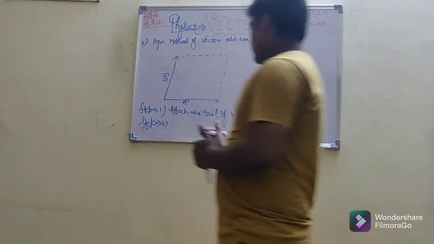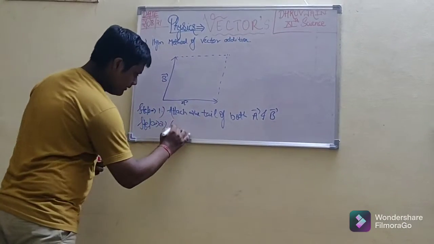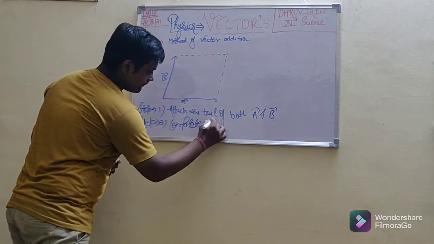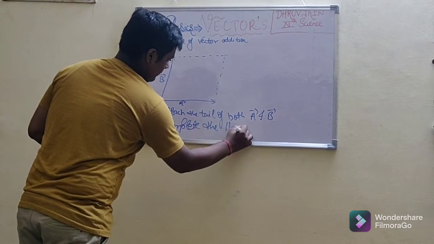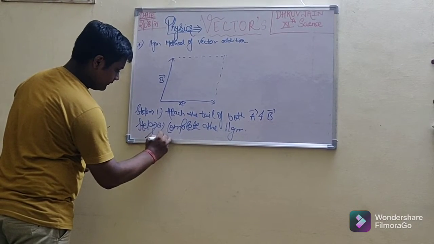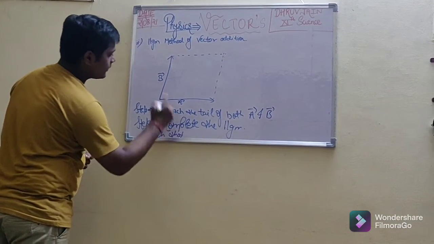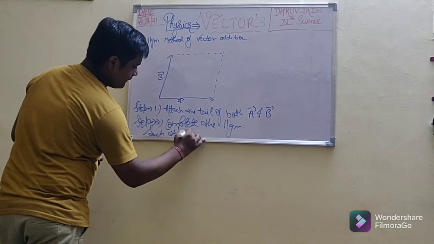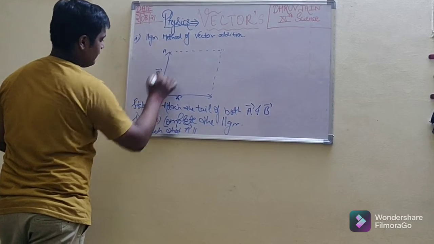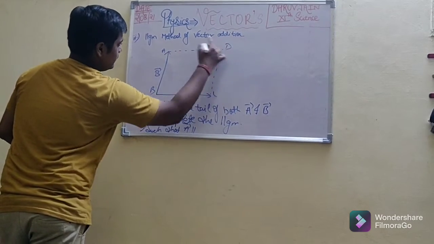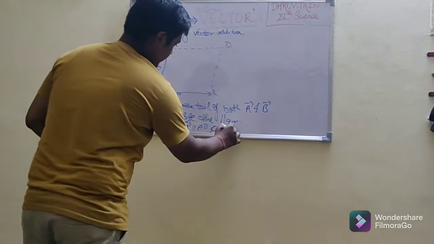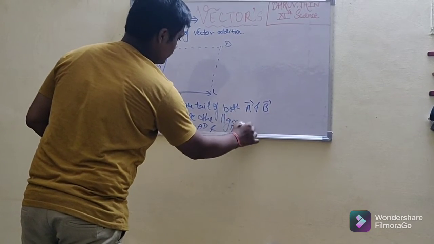The second step is to complete the parallelogram such that vector A is parallel to CD, I will name this ABCD, so AD, and our vector B is parallel to CD.